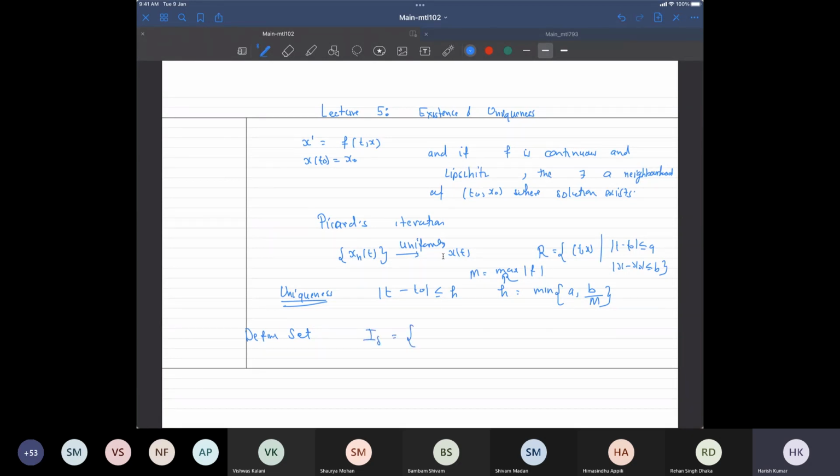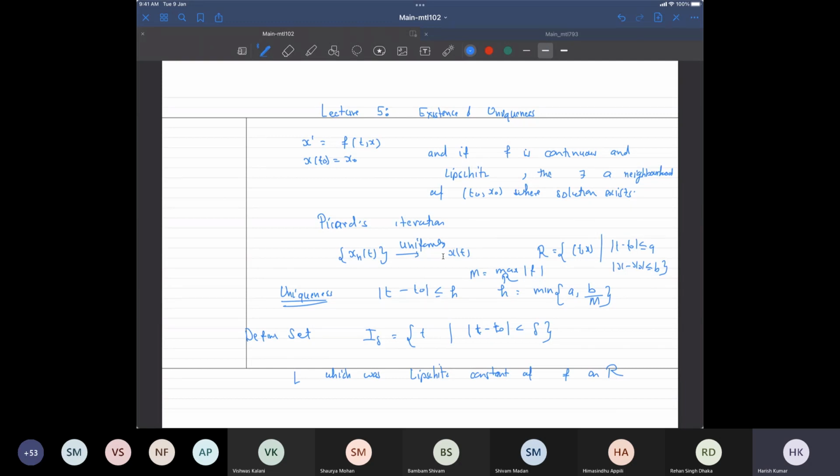This is a collection of all t's such that |t minus t naught| is less than delta. And let us recall L, which was the Lipschitz constant of f on R.